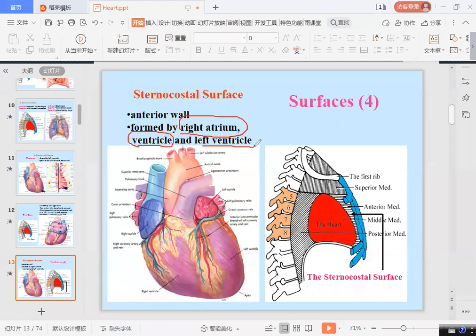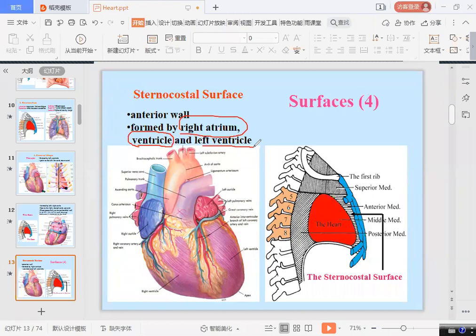When we look at the heart anteriorly, the left ventricle, the right ventricle and the right atrium make the major anterior wall of the heart. The anterior surface is composed mainly of the right atrium and the right ventricle, because the left ventricle is posterior when we look at the heart anteriorly.